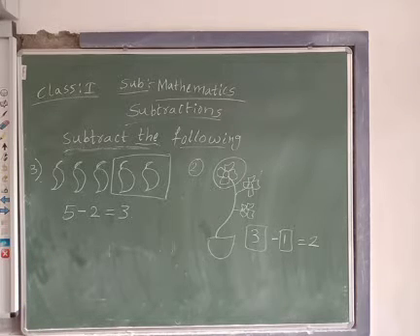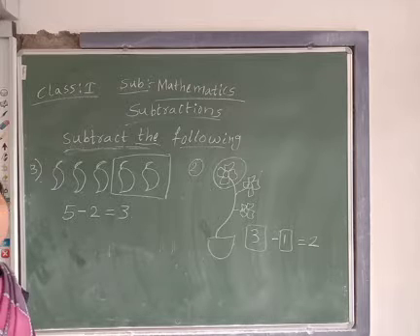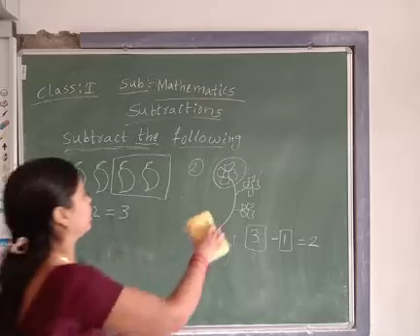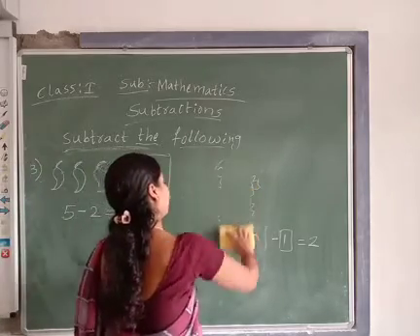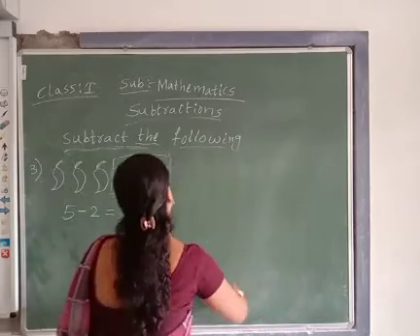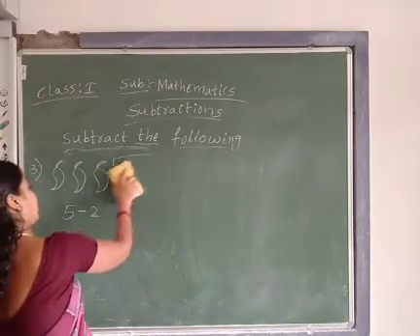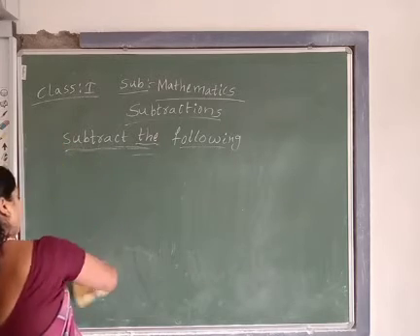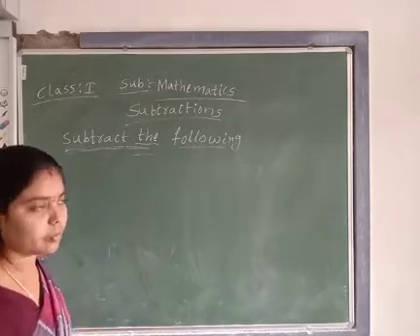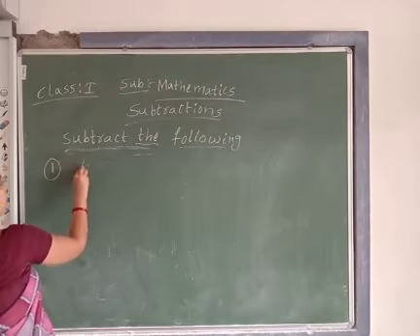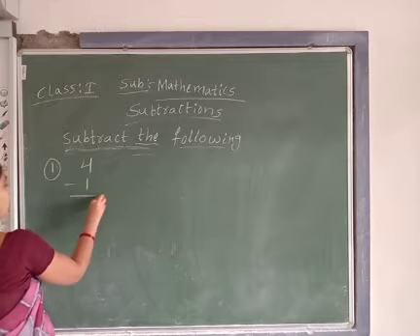So next one. Completed? Okay. Do you understand, children? So now I am giving numbers directly. 4 minus 1.